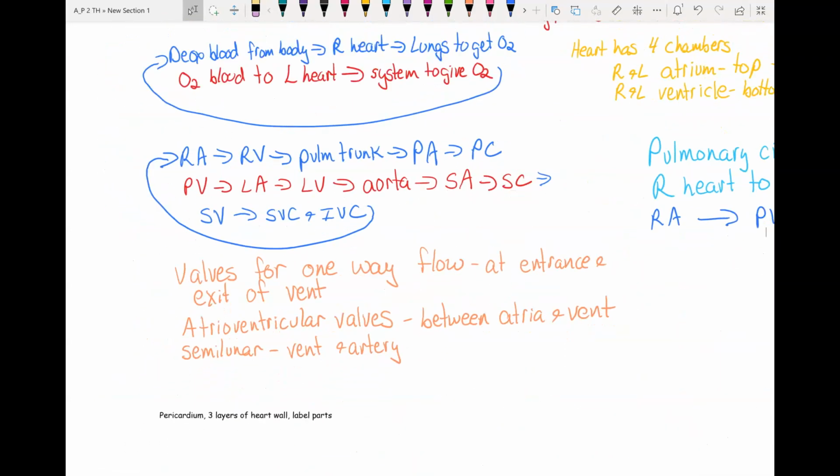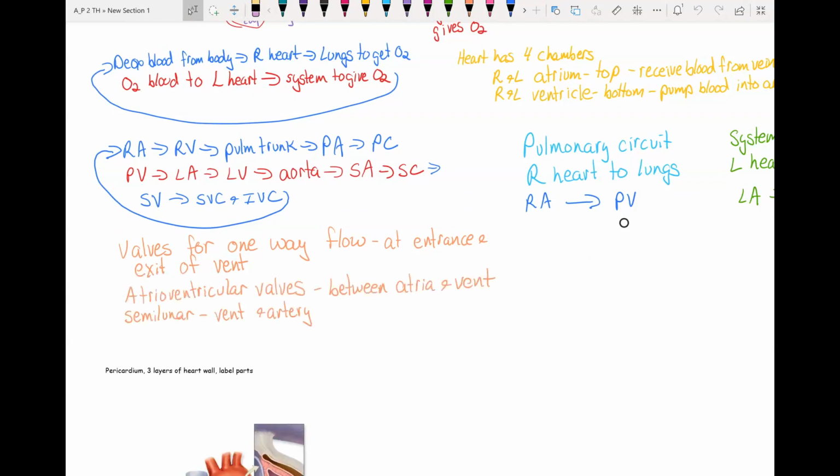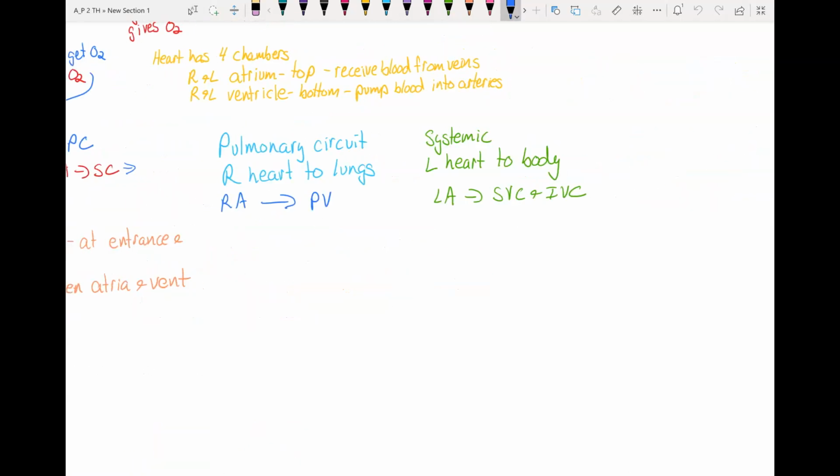So if we add in our valves now, and we do a whole entire path of blood through circulation, we're going to start with the right atrium. Then that blood has to flow through the right AV valve. Now, there's other names for these AV valves. The right AV valve has 3 parts to it, so it's also called the tricuspid.